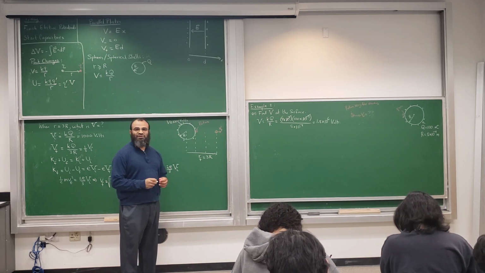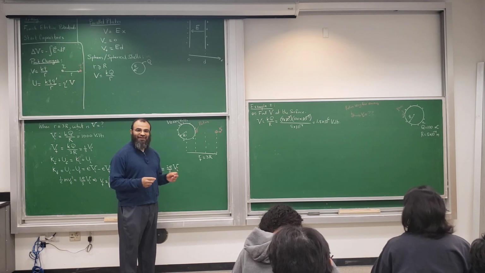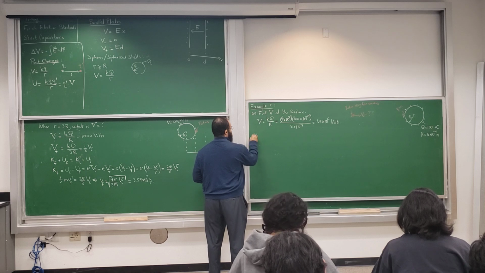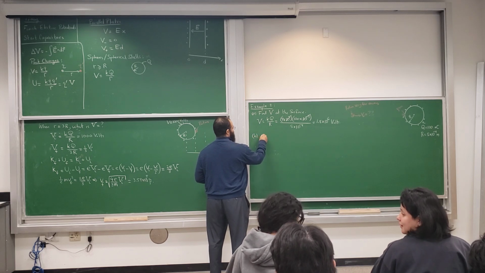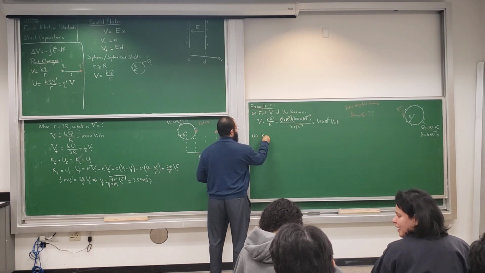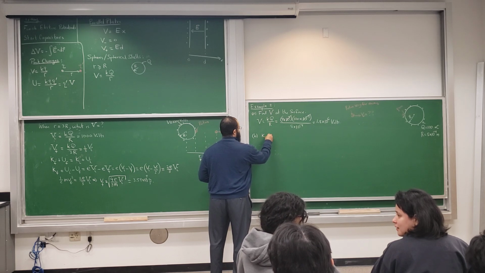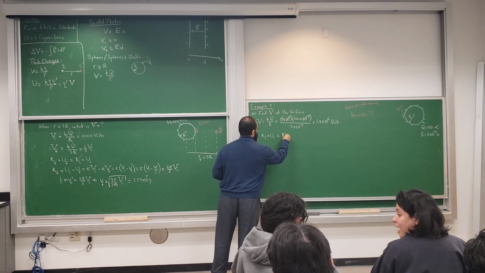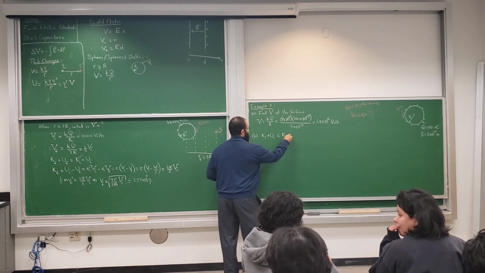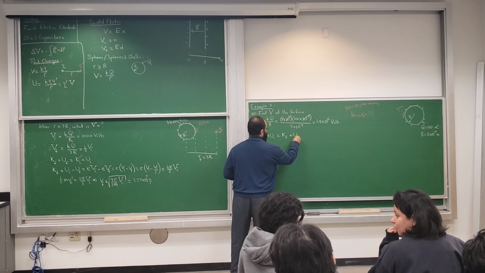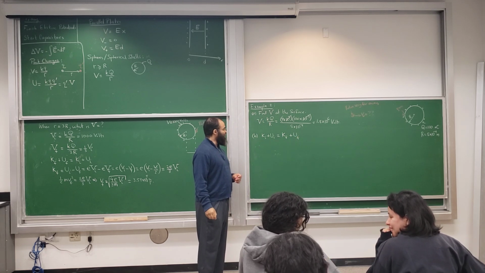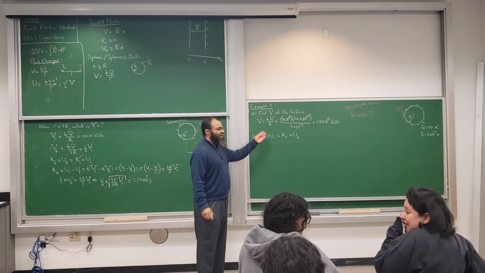Conservation of energy. The kinetic energy at the beginning plus the potential energy at the beginning is equal to the kinetic energy at the end plus the potential energy at the end. Are there any zeros here?